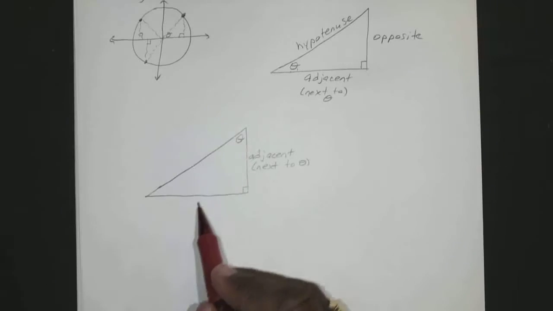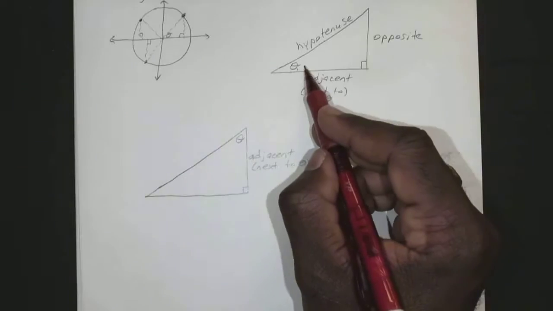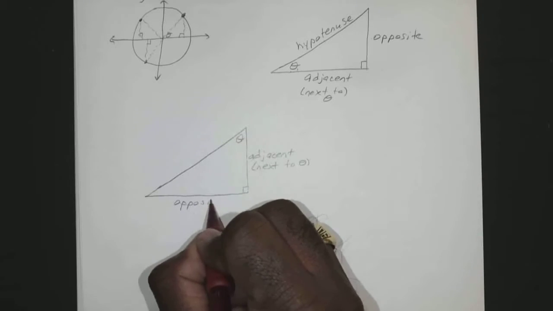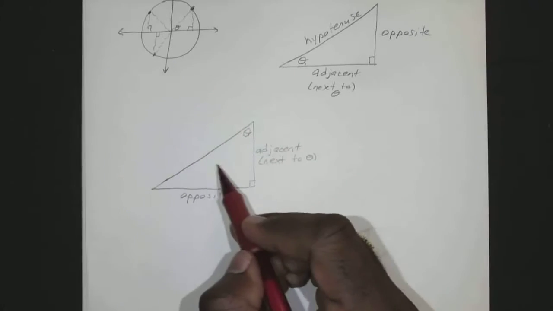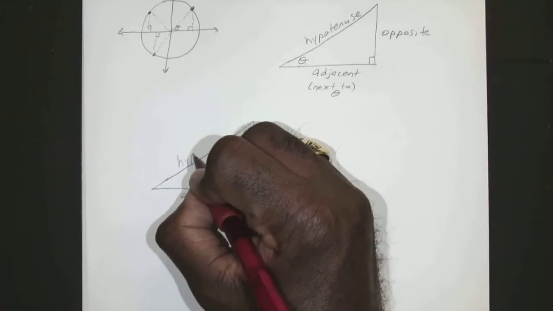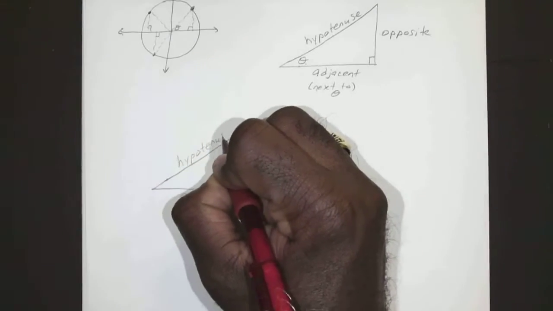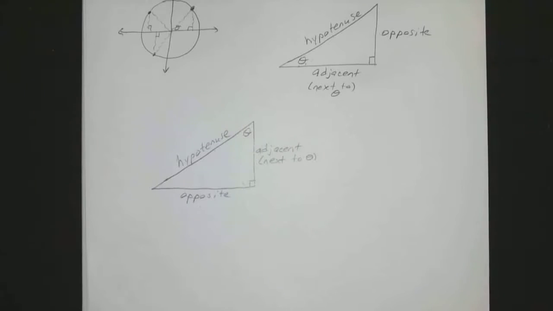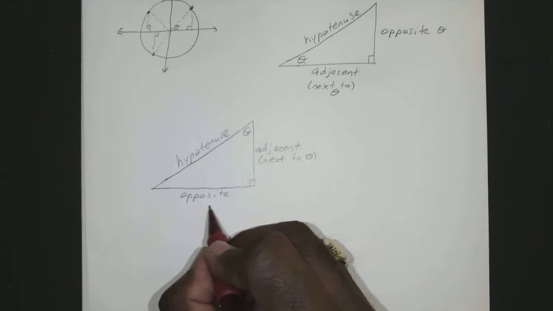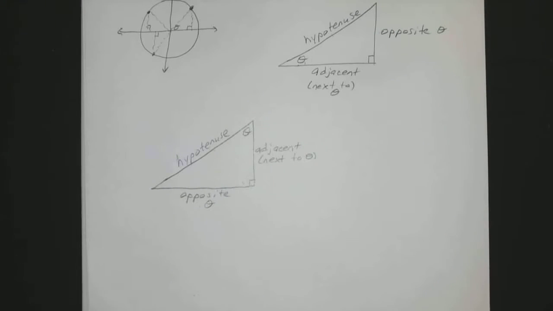This would be our opposite because it's opposite theta, the same way this one was the opposite angle. And the hypotenuse is always across from the 90-degree angle. I put that there as a little identifier.